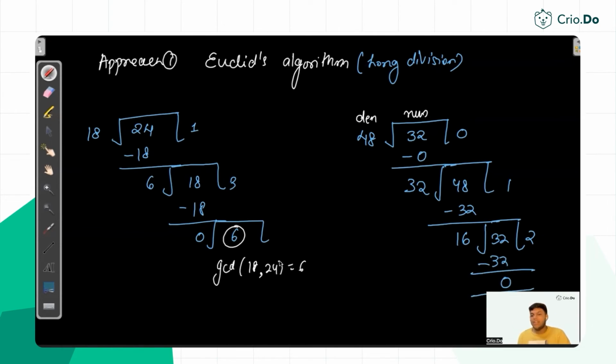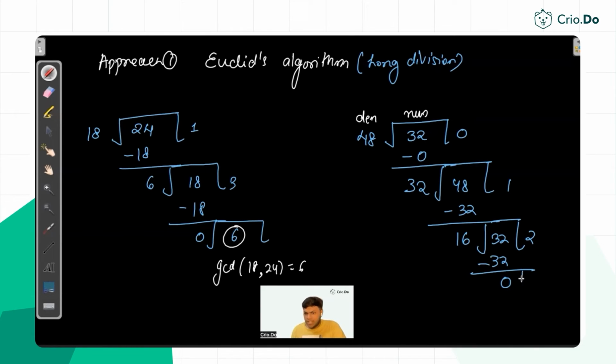If I continue one more step, the previous denominator becomes the numerator and the denominator is 0. We can't divide by 0, so whatever the numerator is, that is the answer. So GCD of 32, 48 is 16, the biggest number which is a factor of both 32 and 48.